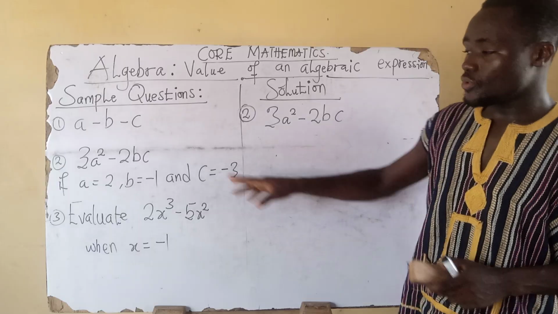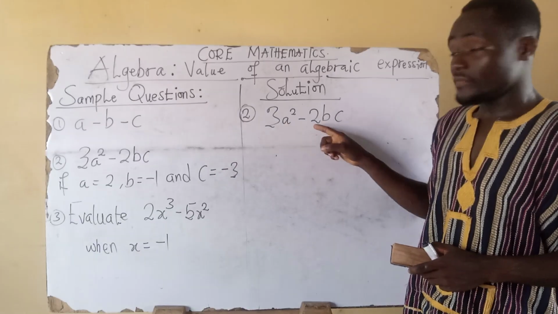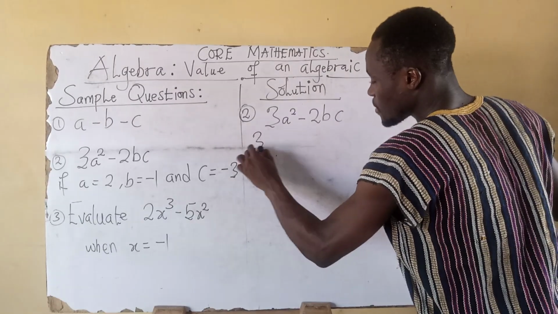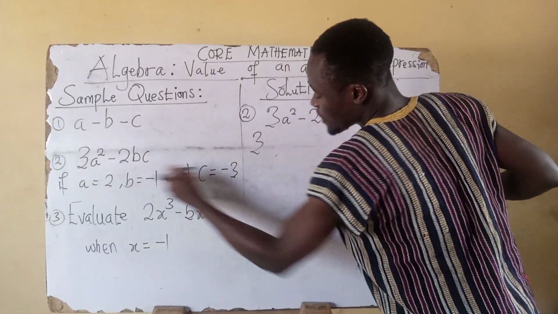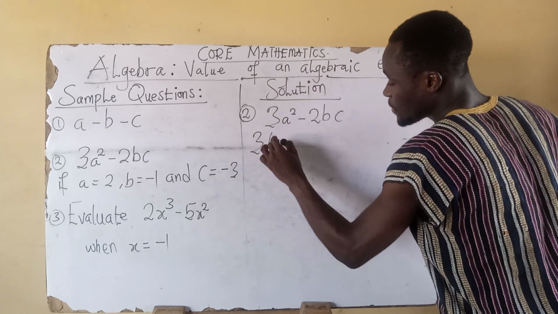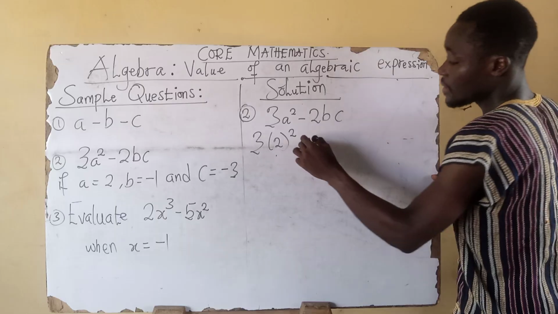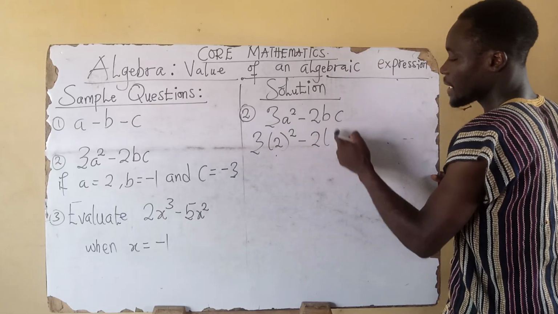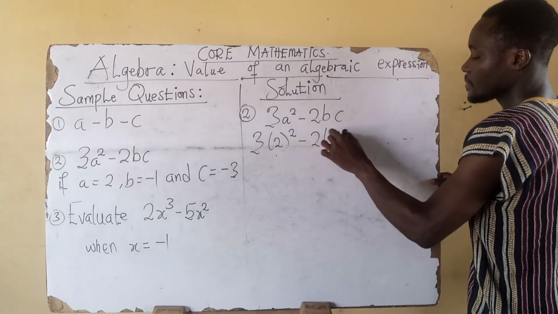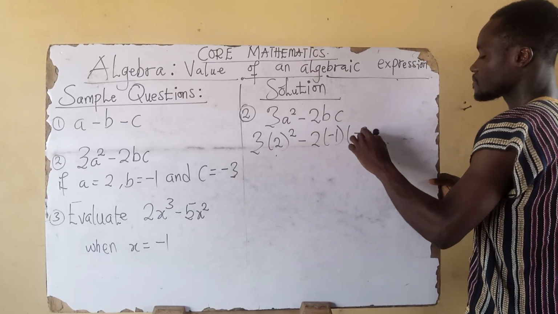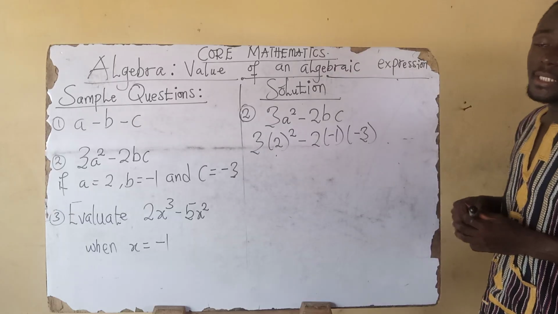So we are going to substitute the corresponding values for the variables in there. Now that a is 2, we write the value of a, which is 2, so it becomes 2 squared, minus 2 in a bracket, b is negative 1, and then c is negative 3. Are you with me? Very good.